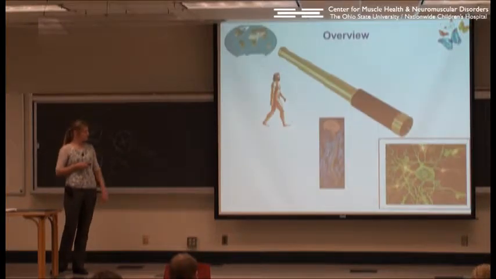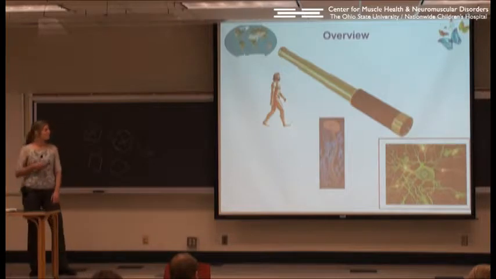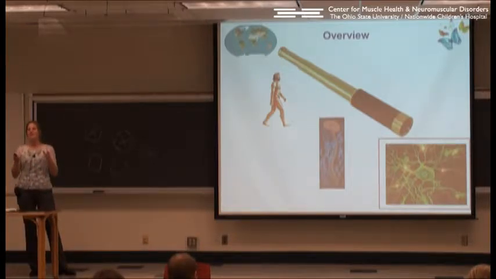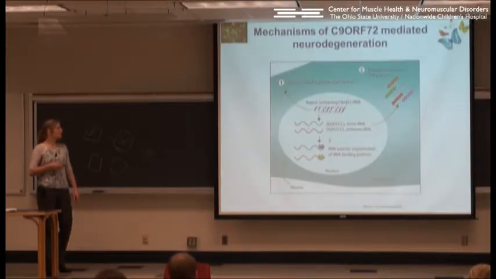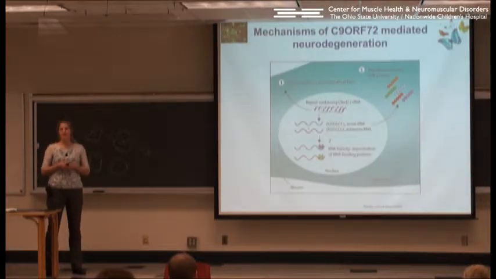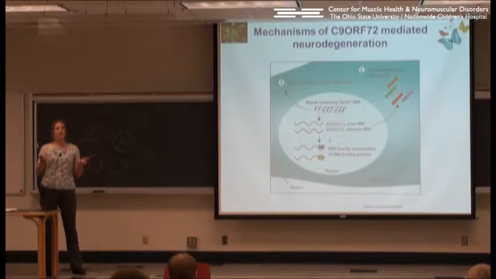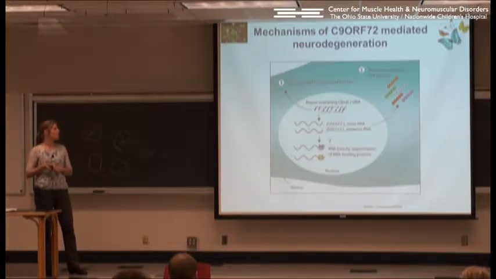So then let's go to the cell types and to what's happening inside the cell if you're having such a repeat. So the toxicity that we can see, or what we're thinking is happening in neurodegeneration with this repeat expansion, has mainly three different theories.